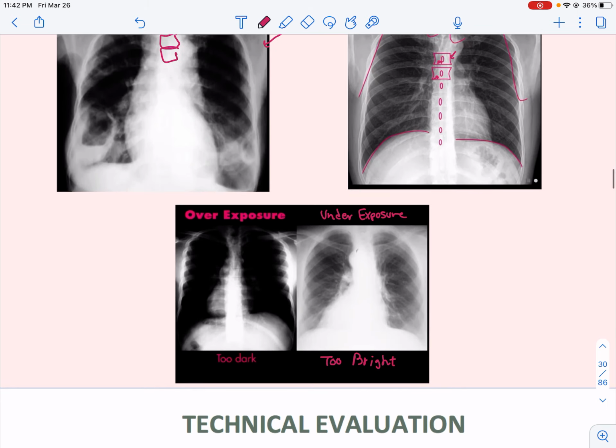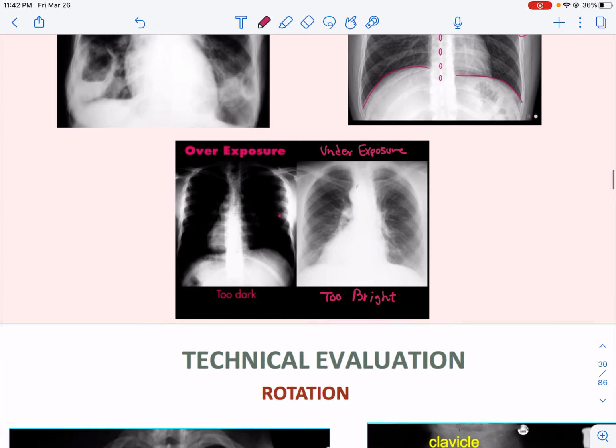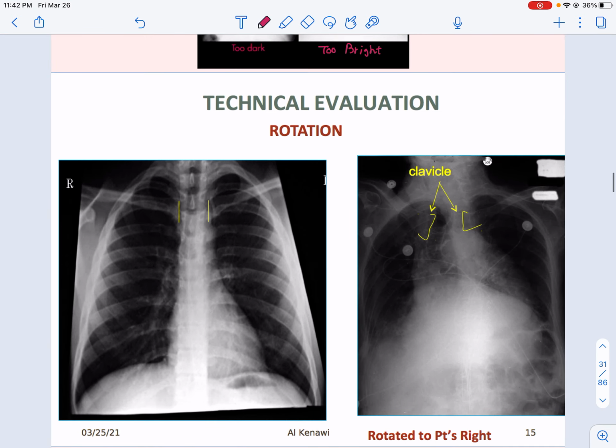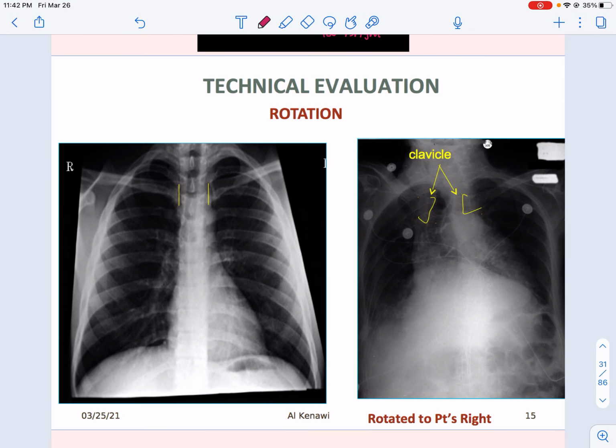And here another example of underexposure of the picture and overexposure. تمام. ثالث حاجة في ال assessment of the quality الروتيشن. إذا أني بناخد chest x-ray هل البيشنت rotated، هل الصورة أصلا مأخودة كويس ولا لا.